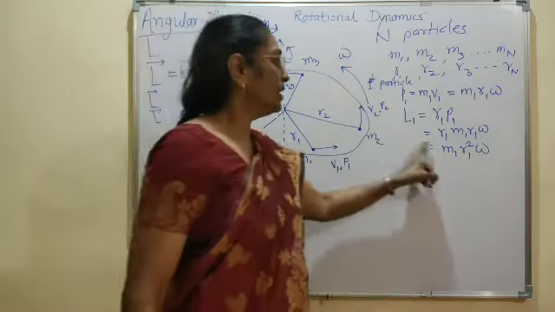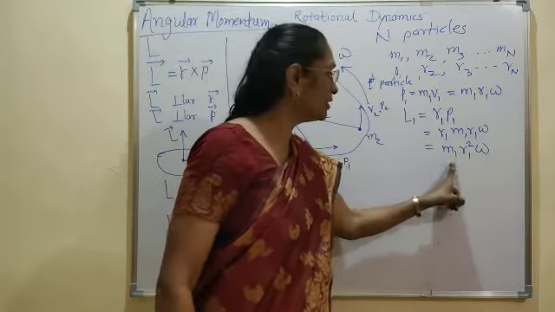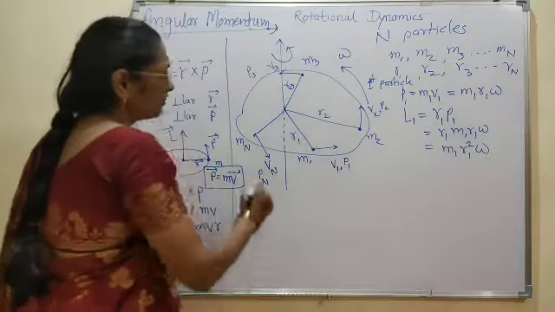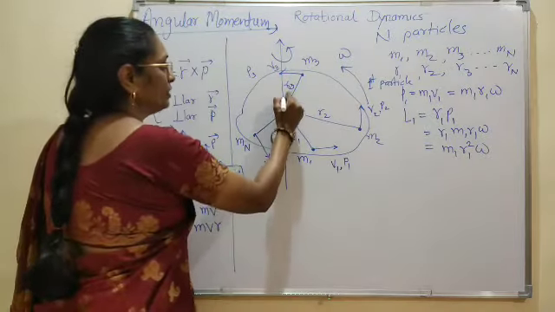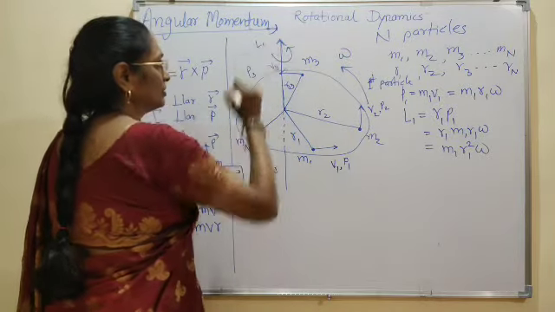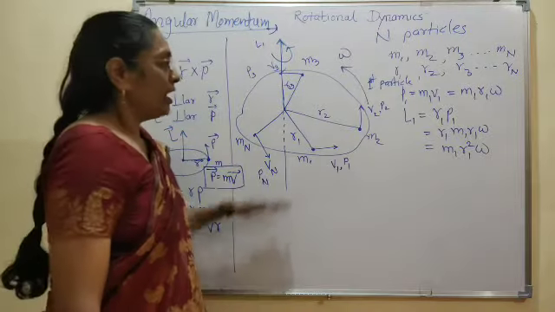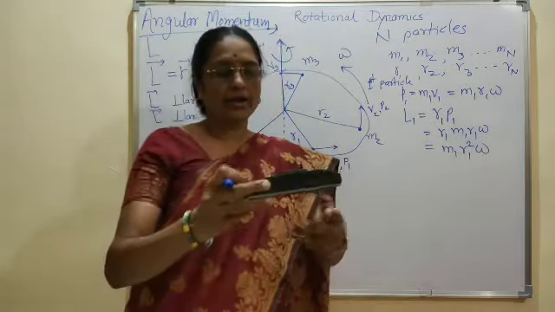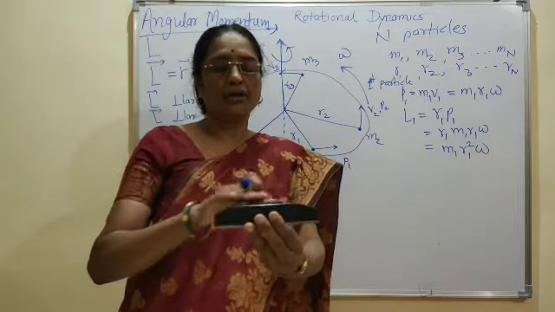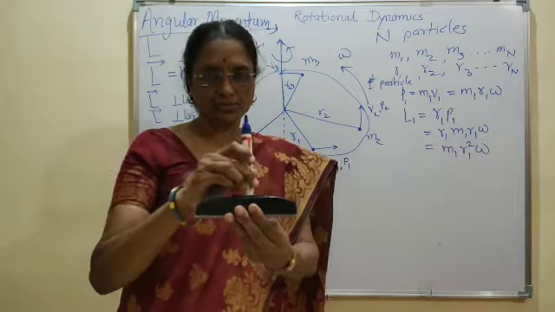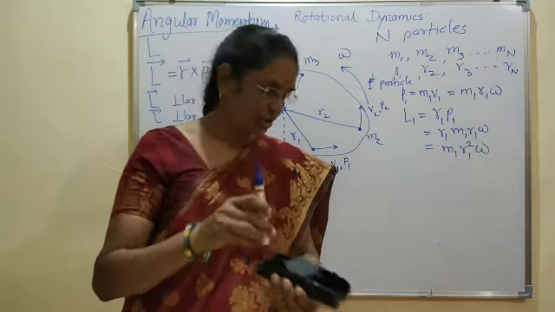This is the expression for angular momentum of the first particle, and from our basic points we can show its direction along the axis of rotation. This is for L1. And as all particles are in the same plane, we have considered here that the body is in a plane and the axis of rotation is perpendicular to the plane of the body.